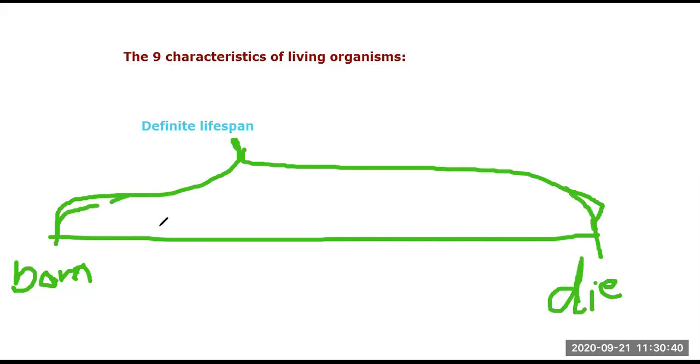They have a definite lifespan. In dogs, it can be 15 years. In trees, it can be hundreds of years.